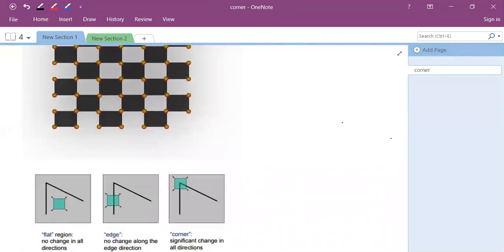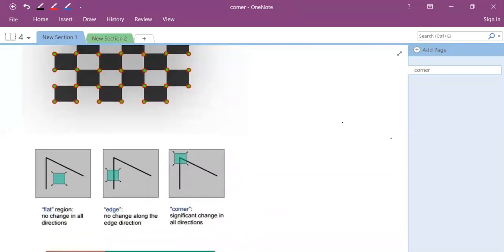Like in this example, you can see from the images that this square is one window, and these are the corners. This one is the corner, you can say, because the edges are coinciding here. So when you visualize this square, there is no intensity change.